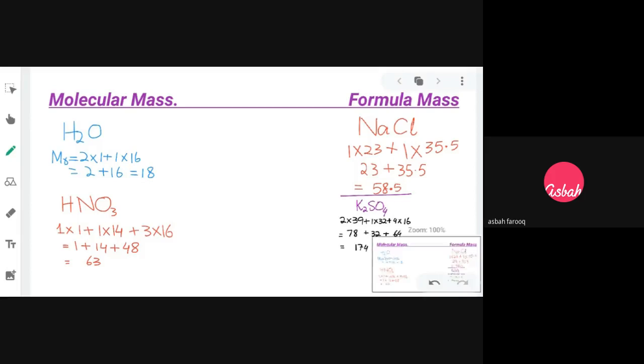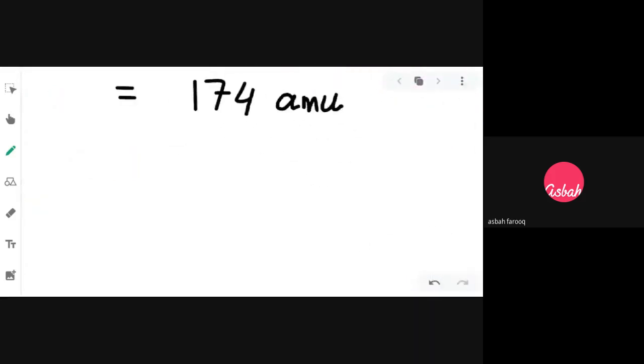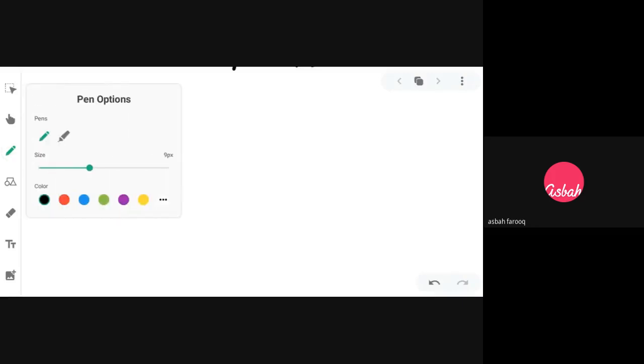Okay, then again, what we can do here is that we can find out the mass of Na2CO3. Again, you see that we have two sodium, and the mass of one sodium is 23.